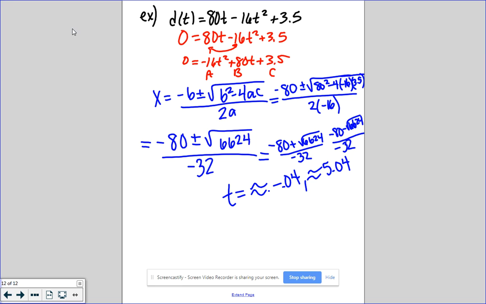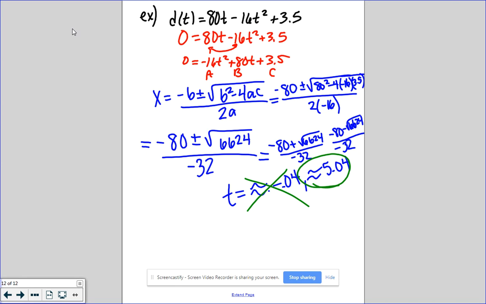He has negative seconds to catch the ball. So that's saying his first opportunity to hit the ball is 0.04 seconds before Mark McGwire even hits it. So does that make sense? No. So that means the only possible answer here is 5.04 seconds. So that's telling the catcher he has 5 seconds to position himself and try and catch the ball before it hits the ground.